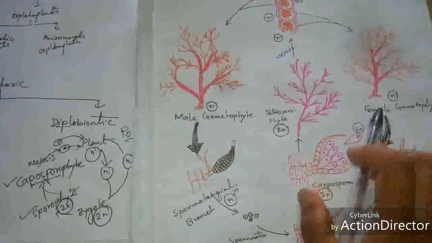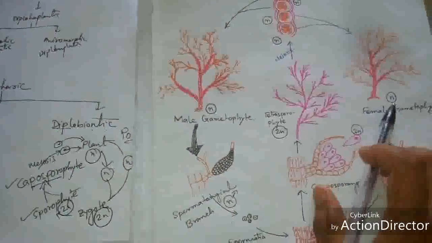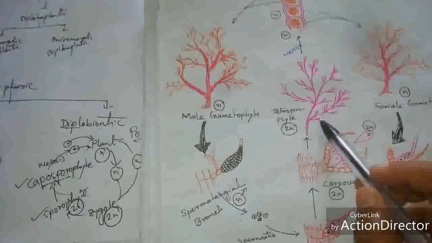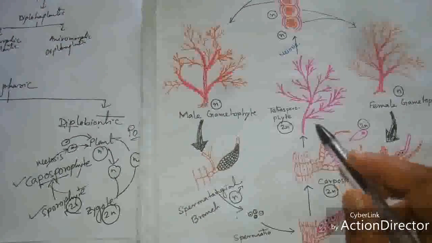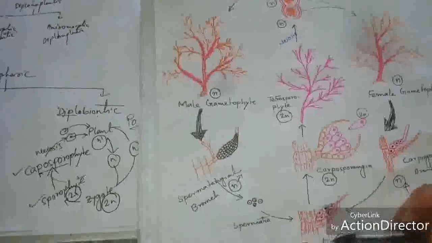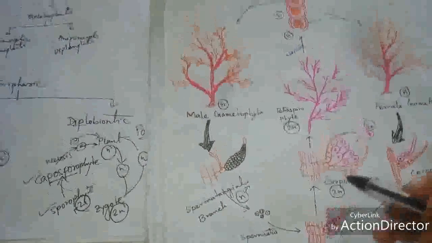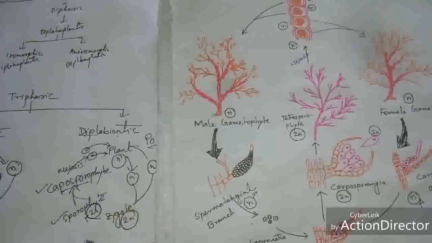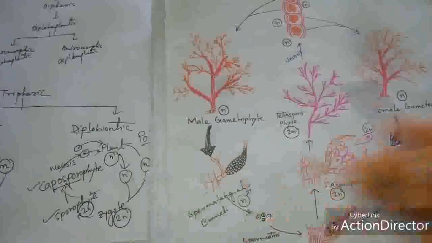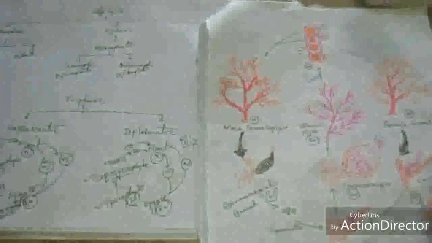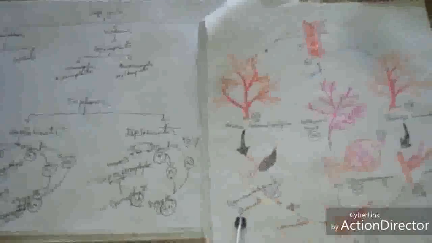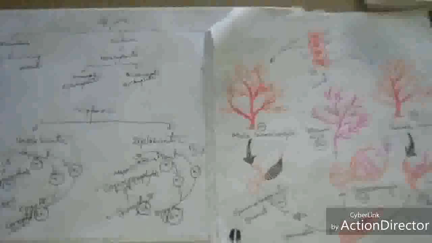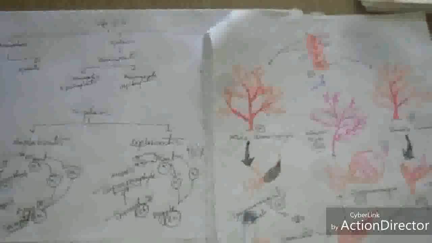So the gametophyte phase is haploid, but the carposporangia and sporophytic stage are diploid. So this is the example of the diplobiontic life cycle. So this is all about the life cycle patterns of algae, and thank you for watching this video.